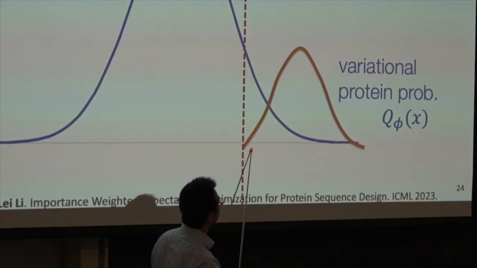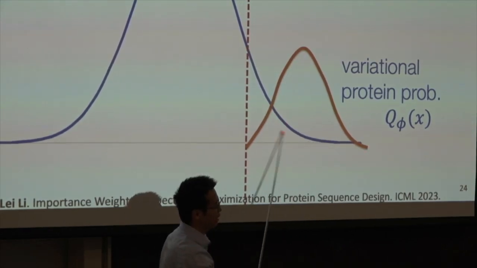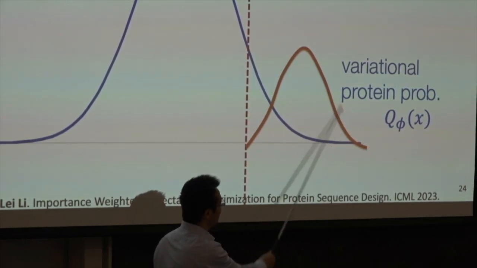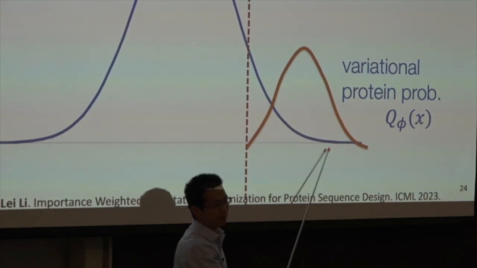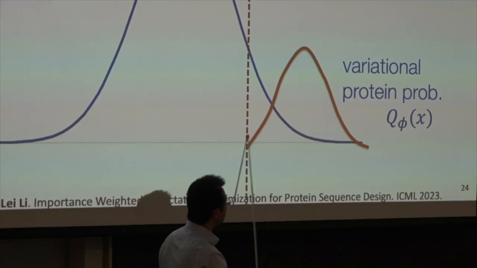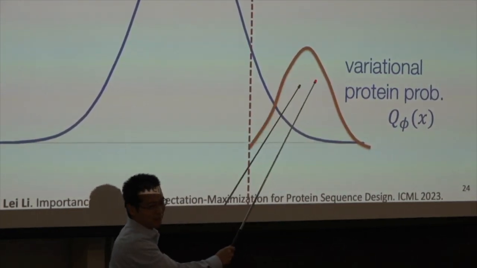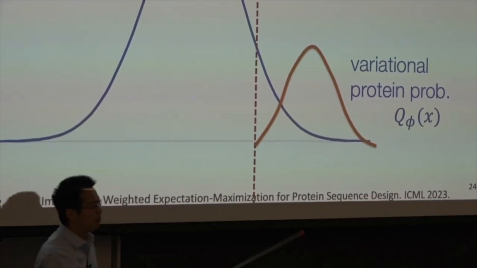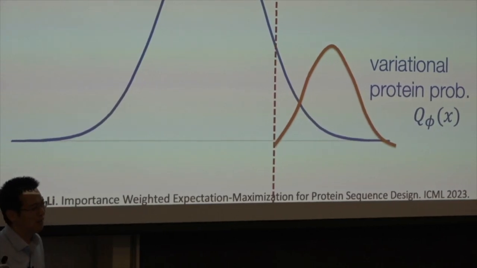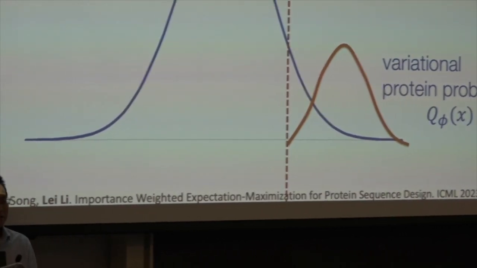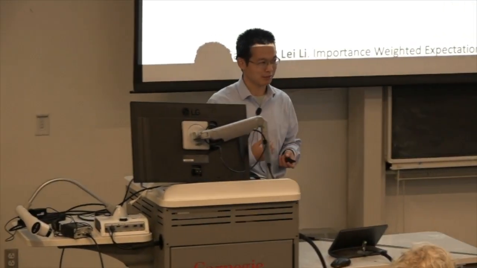We train another approximate generation distribution, using a variational model to approximate this right tail, so that once we train it, we can directly generate from it. And by setting a threshold on this orange one, it will give us a much higher probability of getting high quality proteins.